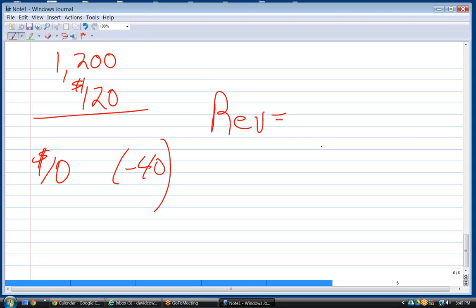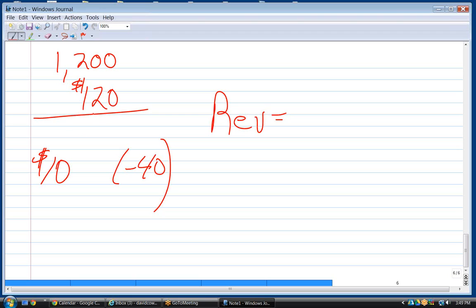What is revenue going to equal? Before we even get to that, give me a word definition of revenue. The money earned from the season tickets?